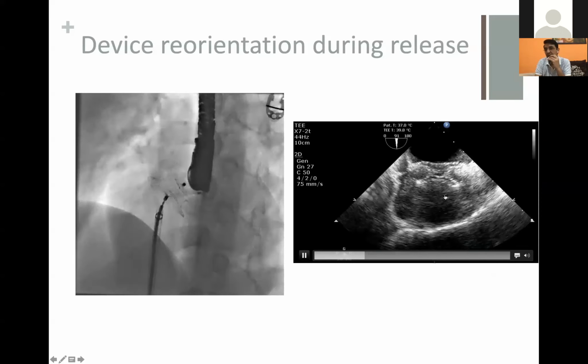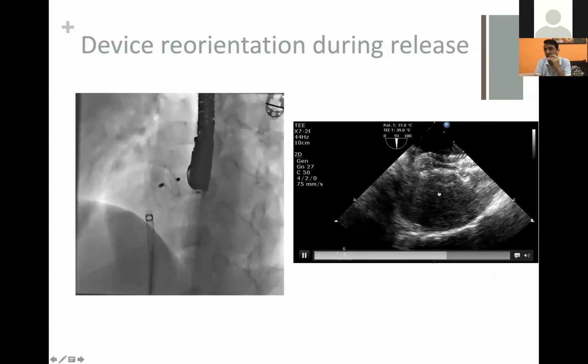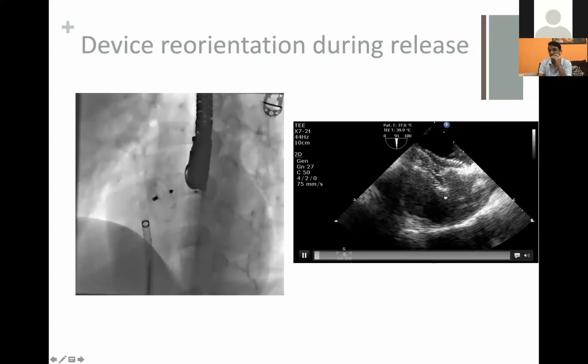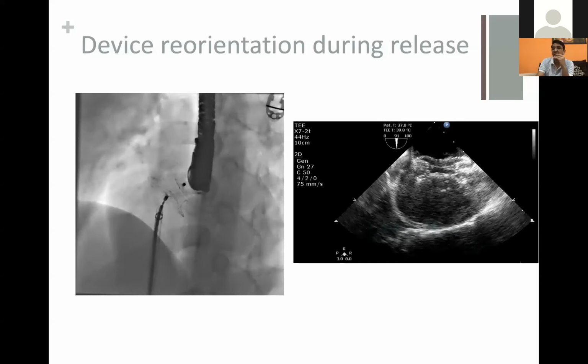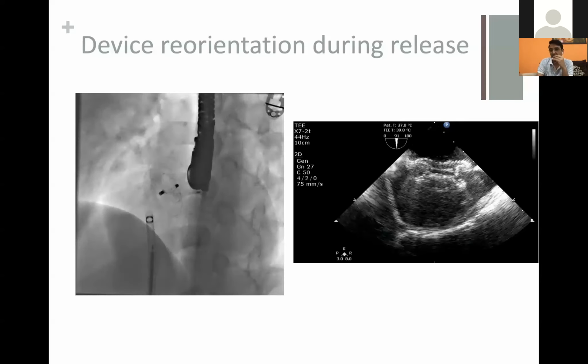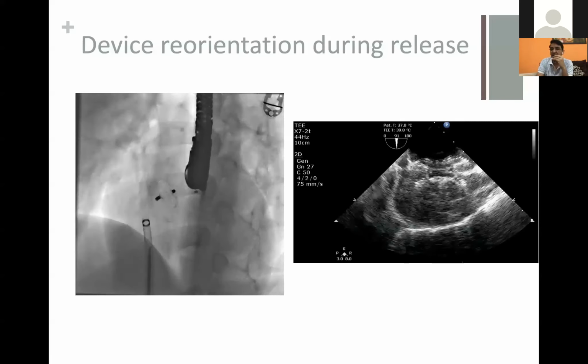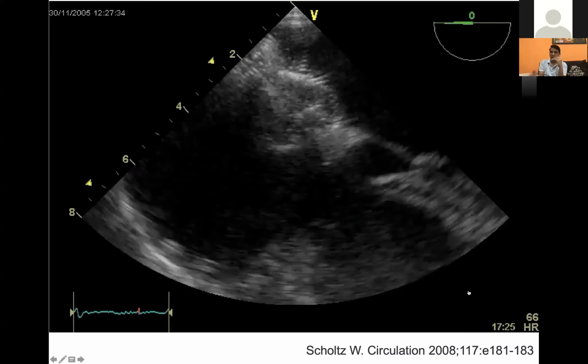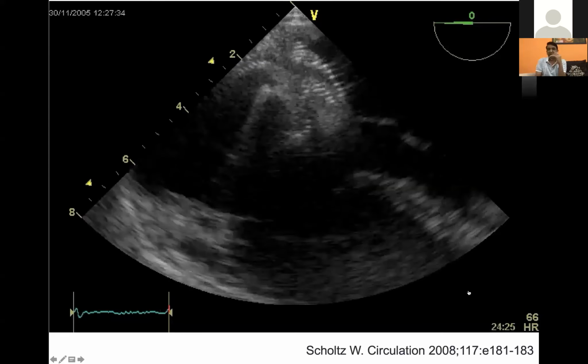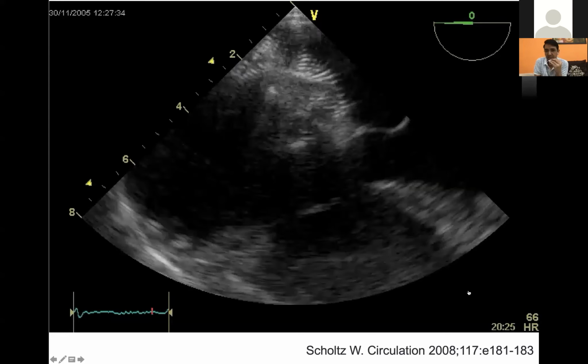And once we see a few of them under TE, it gives a lot of assurance as to what will happen once we release the device. This is very important, as I said, in the larger devices, because we need a kind of certainty before we are releasing the device.